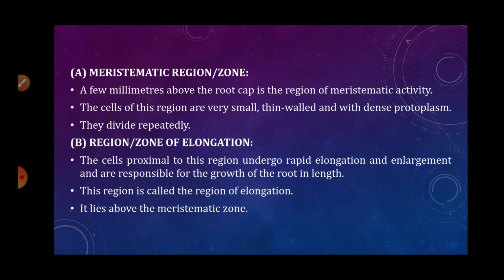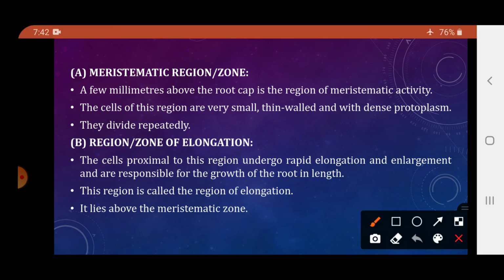So which are the different regions of the root? First is the meristematic region or the meristematic zone. Basically it is a few millimeters above the root cap, and here the cells possess meristematic activity. That means the cells of the meristematic zone are capable of undergoing cell division, hence they add new and new cells to the root.